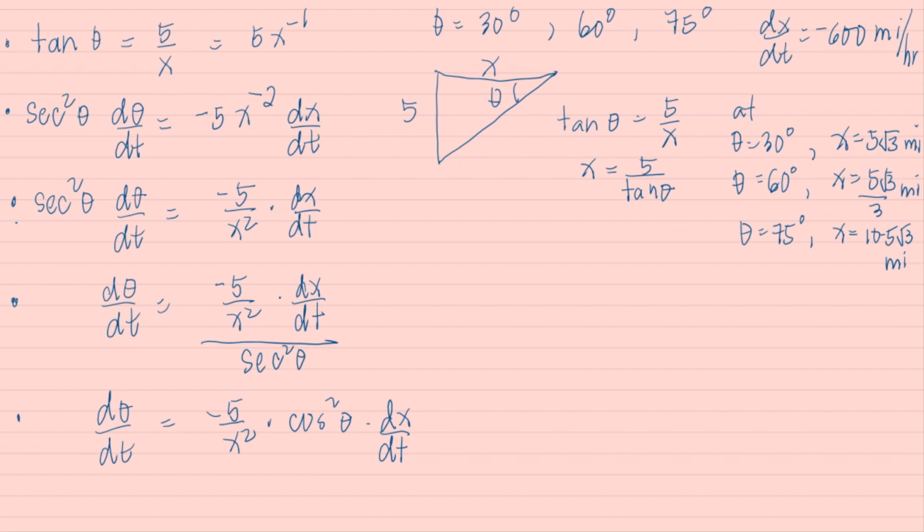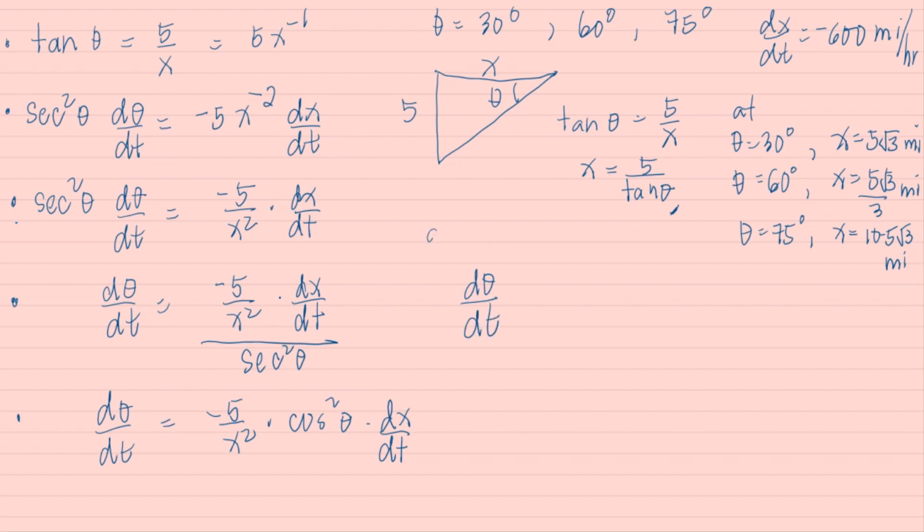You simply substituted 30, 60, and then 75 for theta in this equation. But make sure when you solve for x using the equation x equals 5 over tangent theta, that your calculator is in the degree mode, because you are going to substitute angles that are expressed in degrees. Now since we know the values of x, and we are already given the values of theta, we can now proceed with getting d theta over dt.